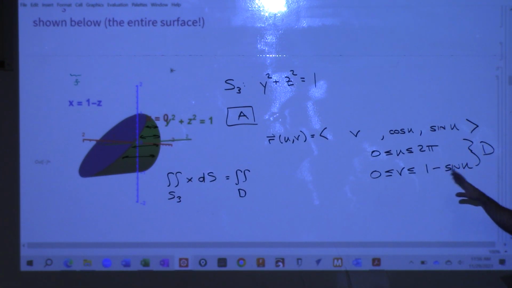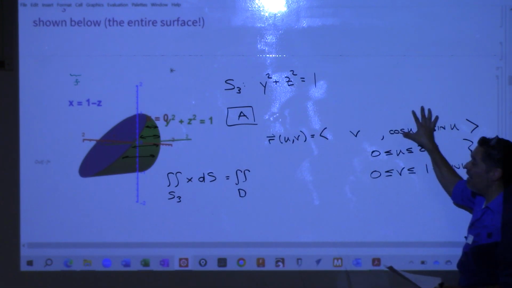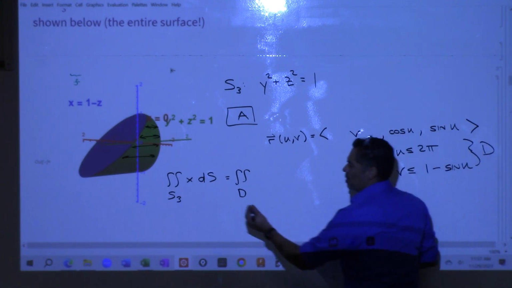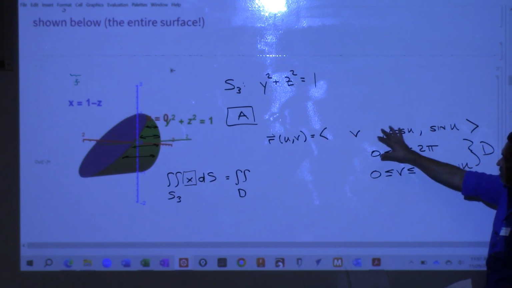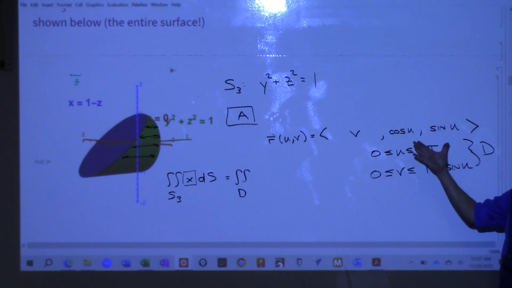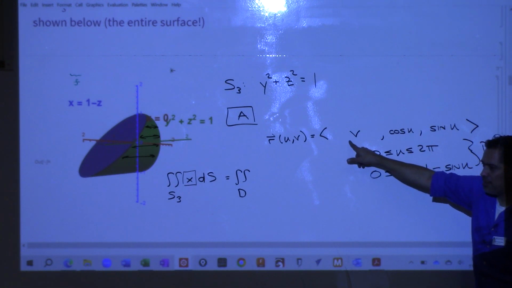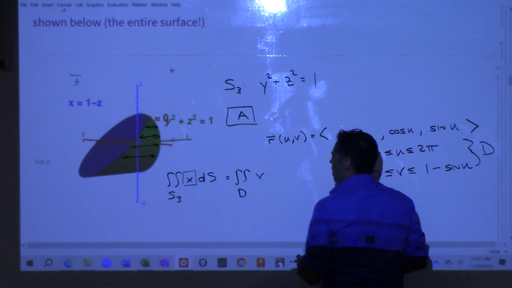So I will be able to plug the limits of integration in a second. But now I need the scalar function evaluated on the vector function. So what is x evaluated here? V, right? Because that's the x. So this is just V, times, not a dot.